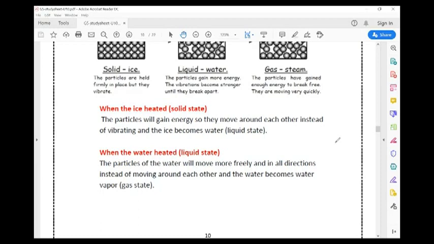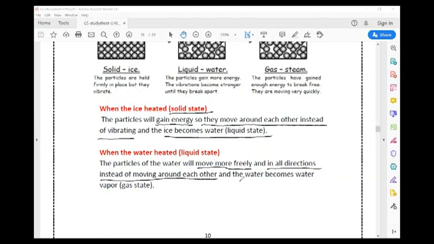When ice, the solid state of water, is heated, the particles gain energy, so they move around each other in a state of vibration, and the ice becomes water. When the water is heated, the particles of water will move more freely and in all directions instead of moving around each other, and the water becomes water vapor or steam, the gaseous state of water.